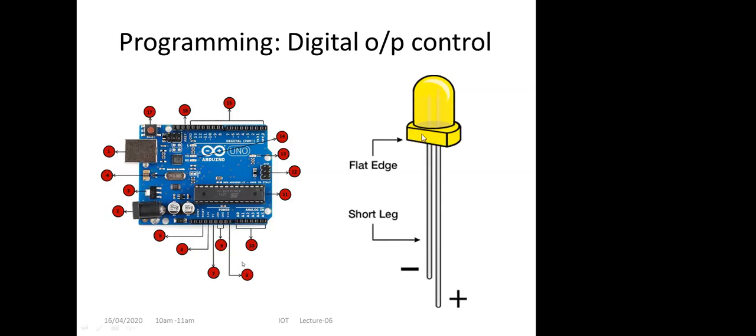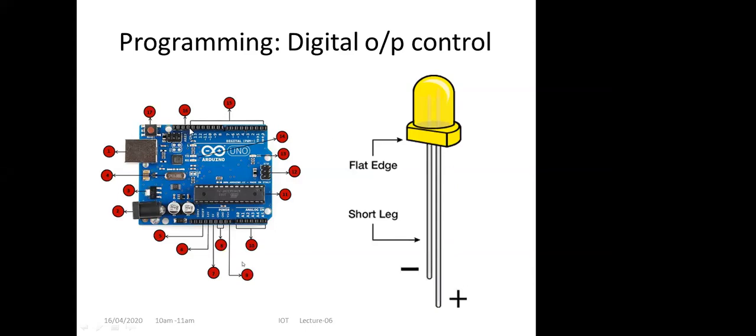The flat edge leg is negative, and the circular edge is positive. You have to remember these things, because sometimes it is difficult to identify by size. So flat side is negative, and circular side is positive.